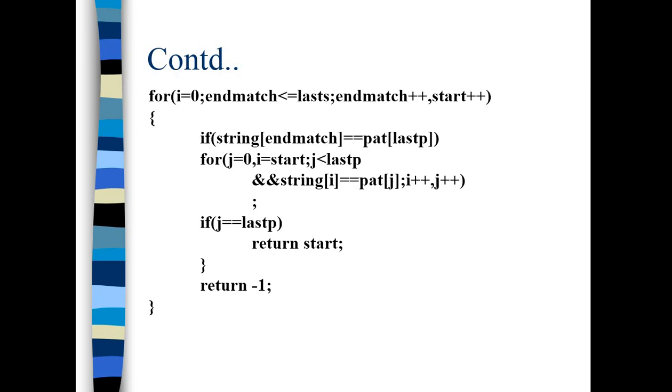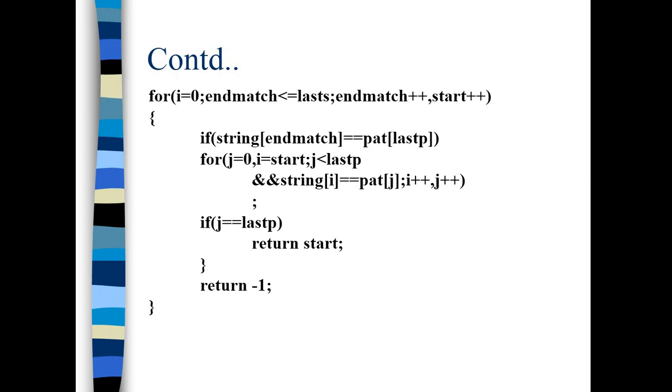If there is a match, then only we compare the remaining string: the first character of the string with the first character of the pattern, the second with the second, like that. j is used to fetch the character from the pattern, and i is used to fetch the character from the string.